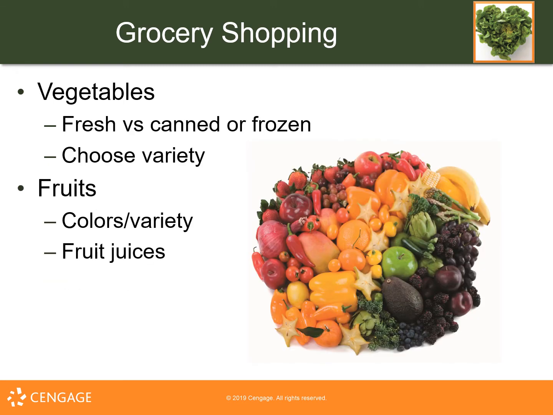When it comes to vegetables, you can have fresh versus canned or frozen. Canned or frozen will still provide nutrients, but you want to avoid those that are canned in salt. And again, always choose a variety of different vegetables. When it comes to fruits, like vegetables, you want to consume all different types. If you've ever heard the expression to eat the rainbow, not in reference to Skittles, but in terms of your fruits and vegetables, making sure you're eating plenty of different colors in your diet.